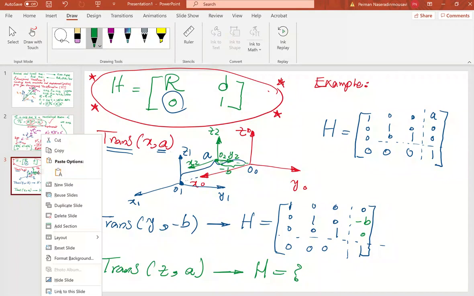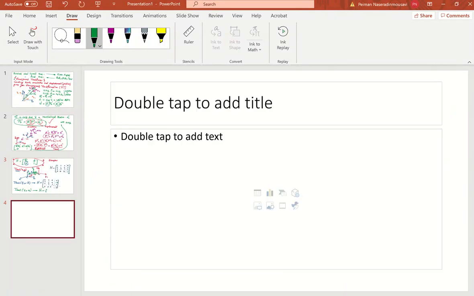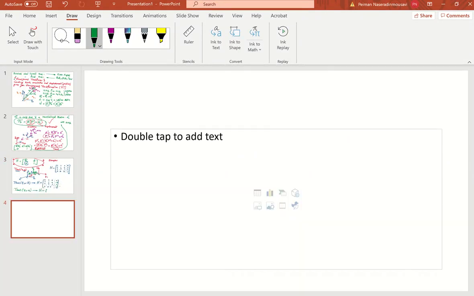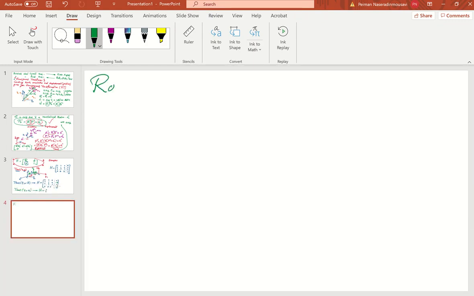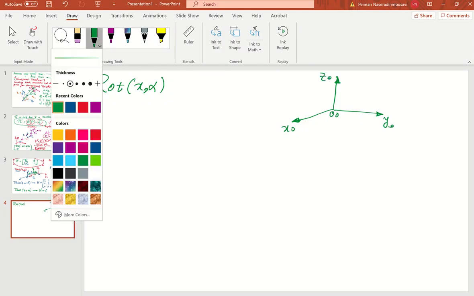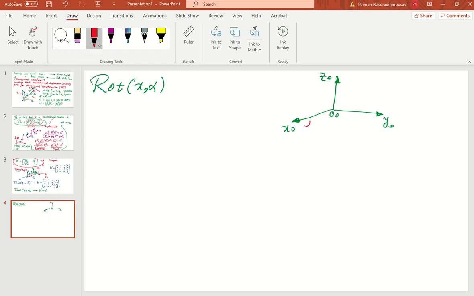Okay. Now, if I say another example, find the homogeneous transformation of rotation about x for the angle of alpha, this is very easy. Only we have rotation. Look at here. So O0, x0, y0, and z0. I'm saying we have rotation around axis x for the angle of alpha.